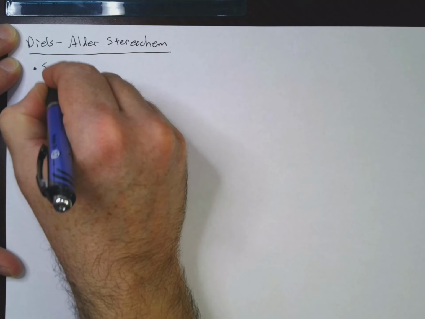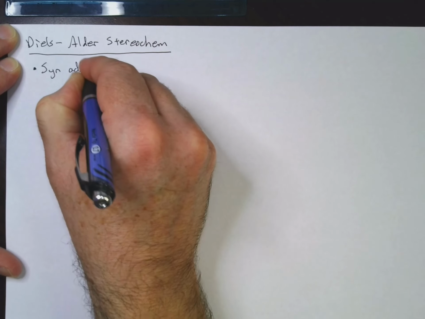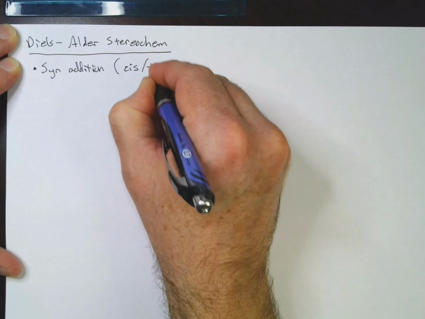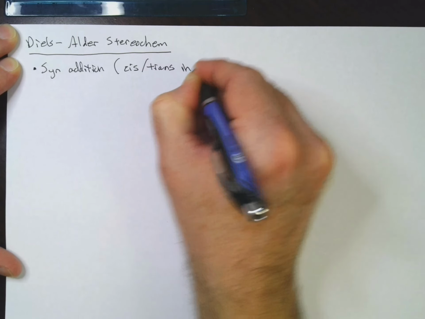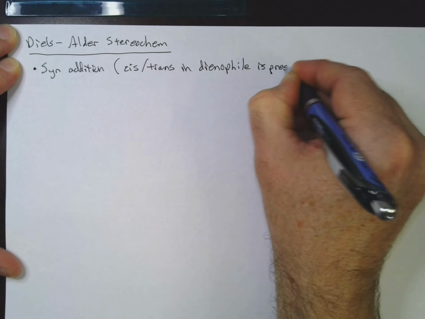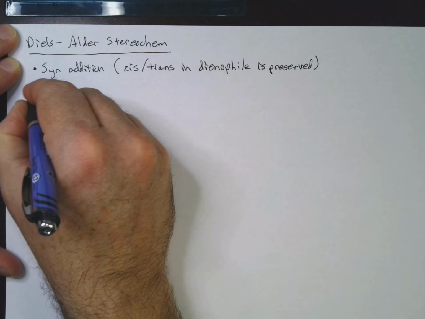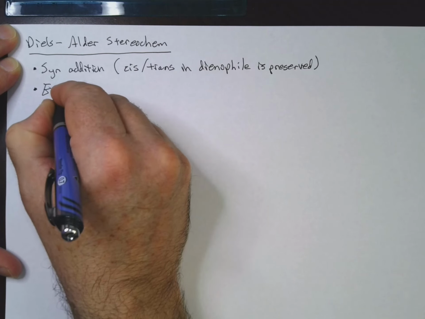So I had that it was a syn addition. So our cis and trans in the dienophile is preserved. There's also something called the endo rule.